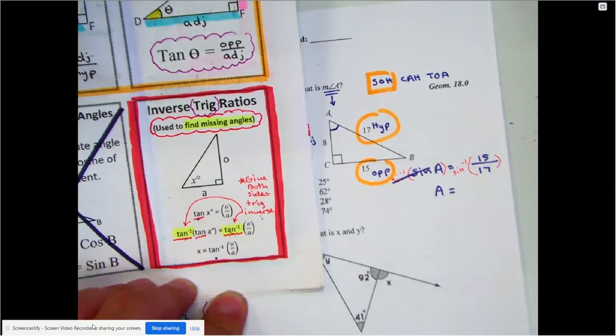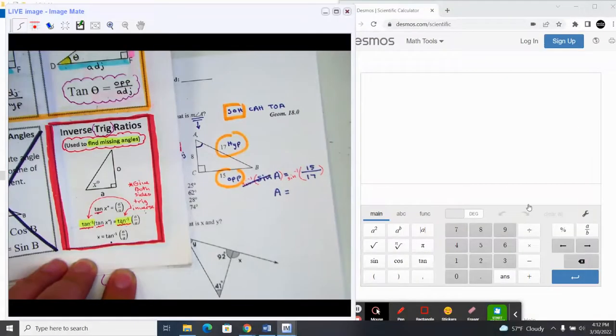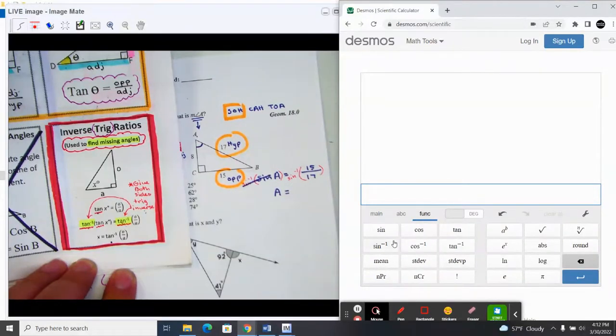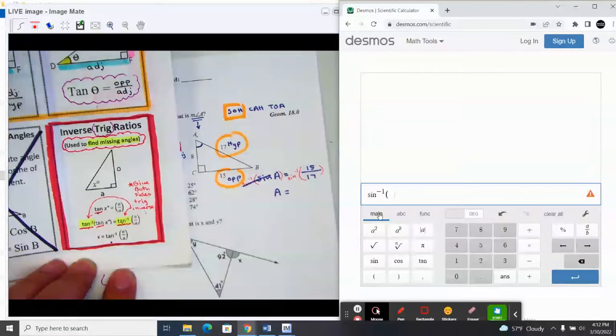But of course, this is when we use our calculator here. So when we're using our calculator, let's see, Desmos is ready here. Now, if you use this one, that would be wrong because it's not sine. We're trying to use sine inverse. So remember, you have to press the function button. And there it is. It's got to be the one that has like a little -1. Now I'm going to type in my fraction. So I'm going to go back to main, and it's 15 divided by 17.